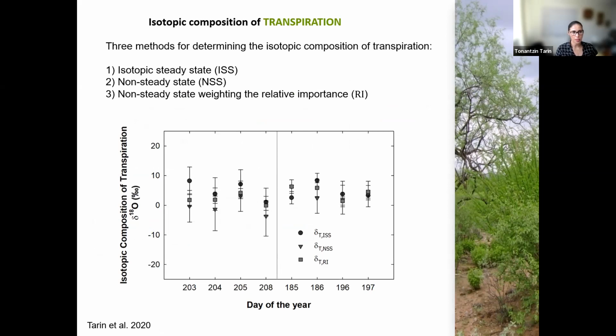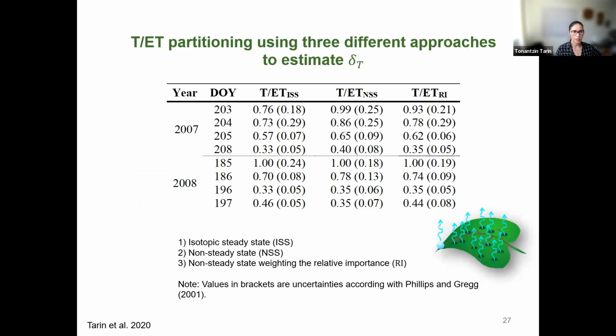We have the 3 different approaches for estimating delta T. And you can see here how many of these values overlap. And the uncertainties of this delta T increase, especially for the one with the relative importance incorporated.